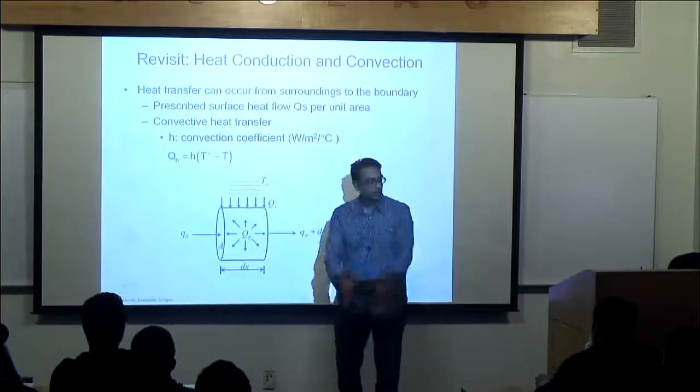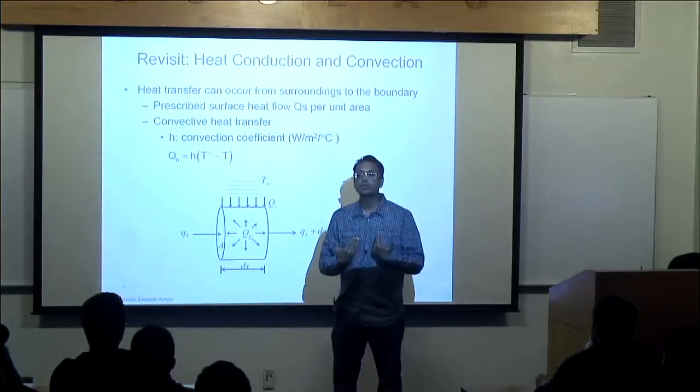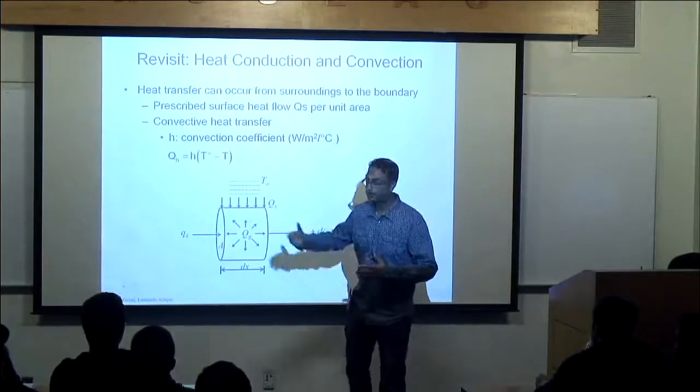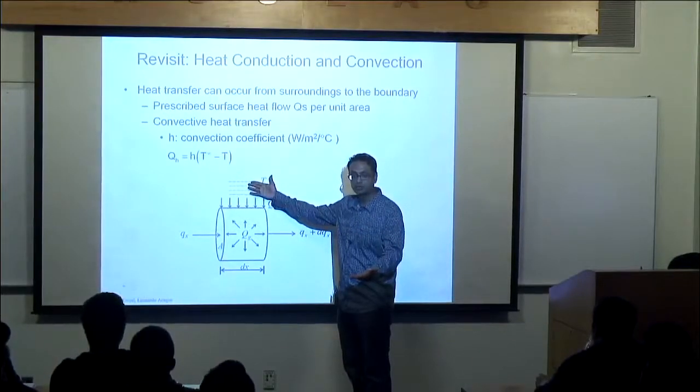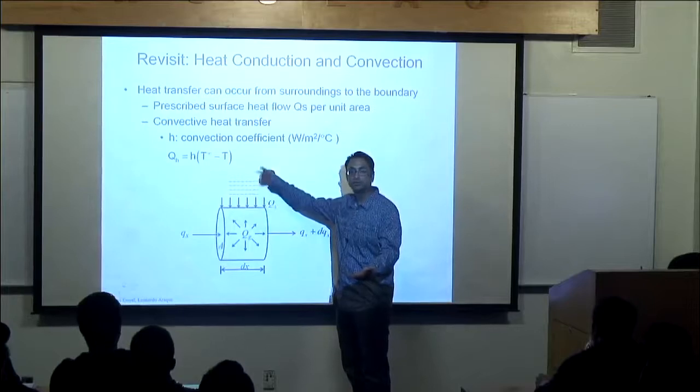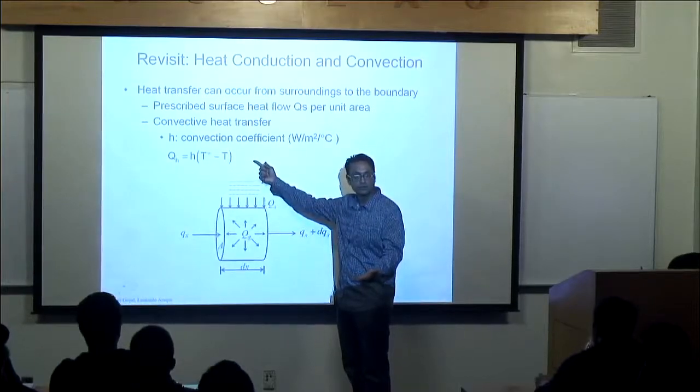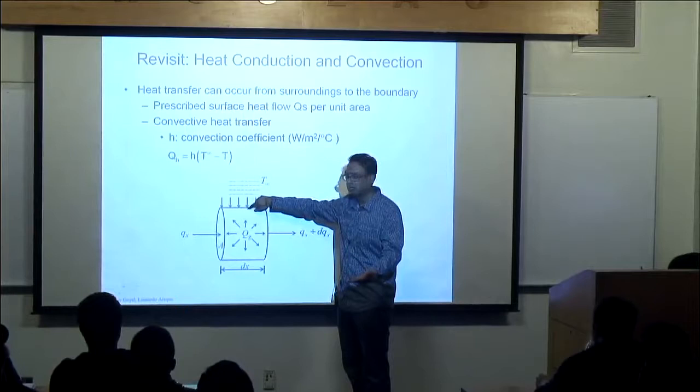It's hot. The internal heat generation is from the burning, whatever is going on, the chemical reactions, right? And I cool it in water. That's a convection problem because now the water is a cooler temperature and you have a heat transfer occurring from here to the surroundings. Is that correct? So that's called heat transfer due to convection.